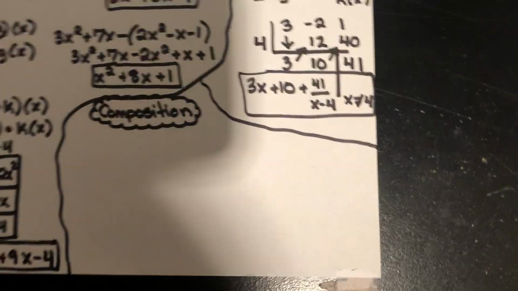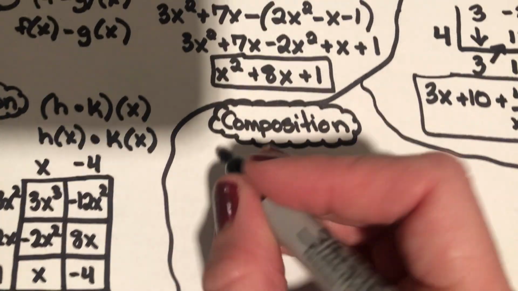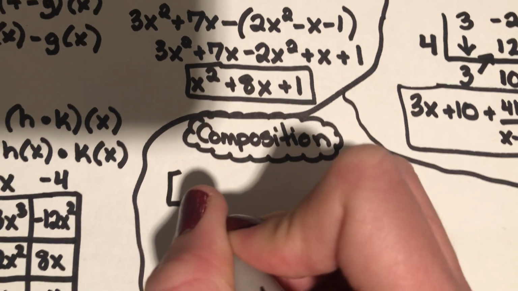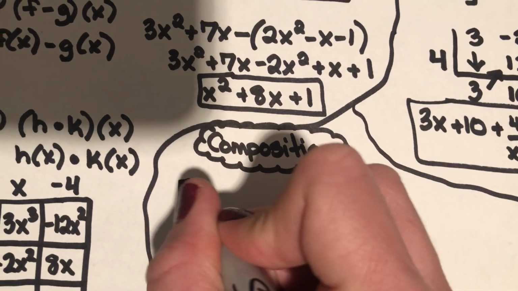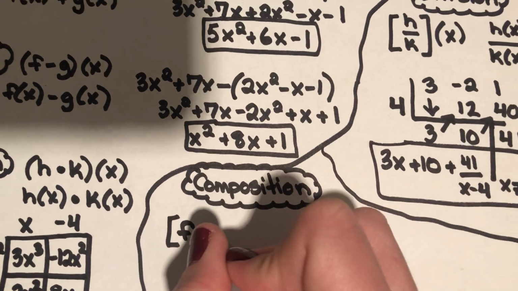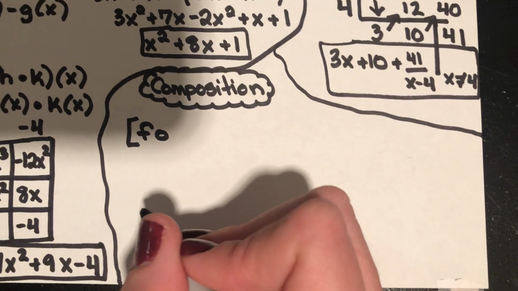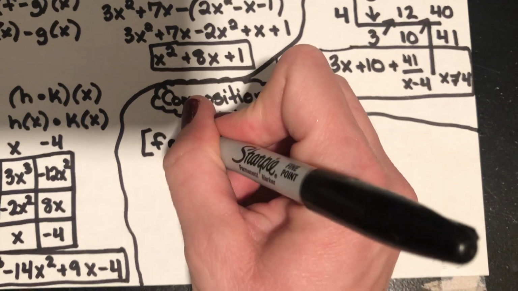Now, composition functions. These are going to be denoted as, let's say, f of, it's going to be an open circle. It's not multiplication. F of, I'm going to do something easy. Let's go of k.